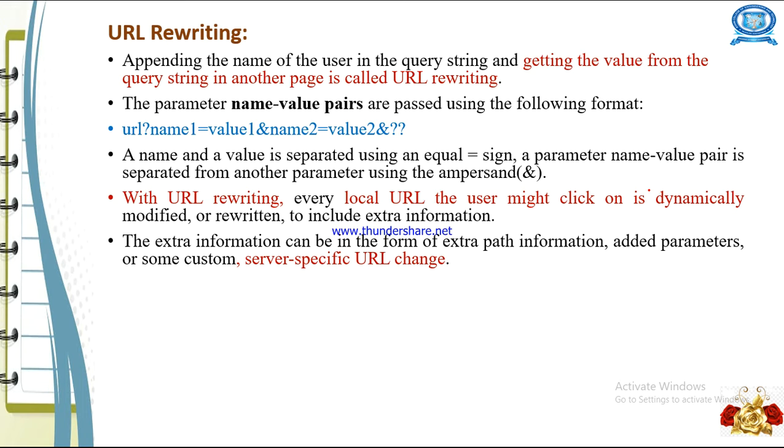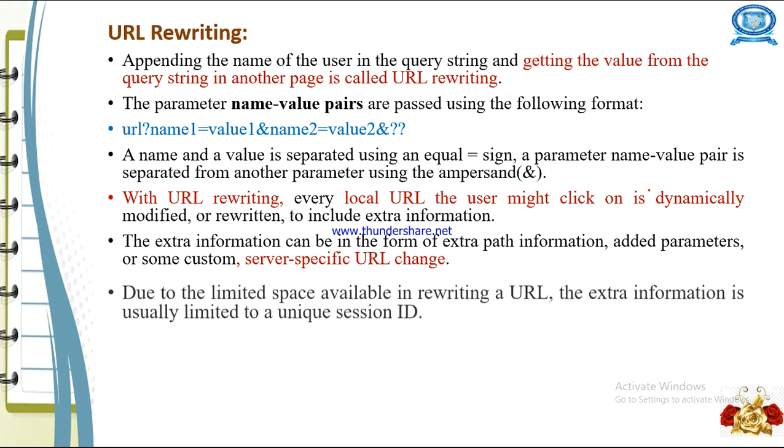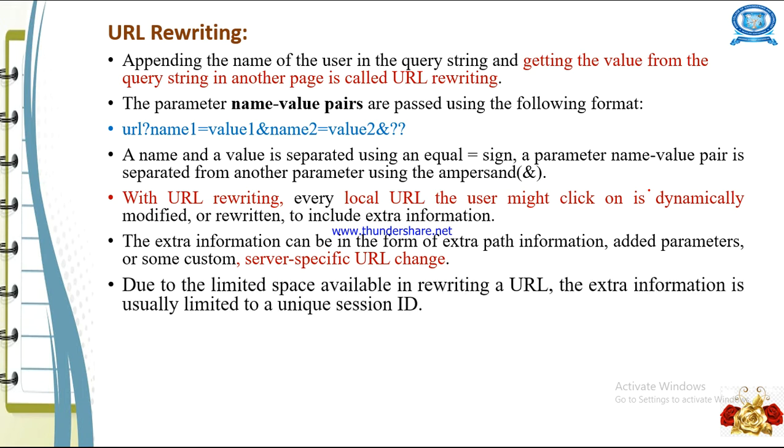The extra information can be in the form of extra path information, added parameters, or some custom field. That is, the server-specific URL is changed. Due to the limited space available in rewriting a URL, the extra information is usually limited to a unique session ID.